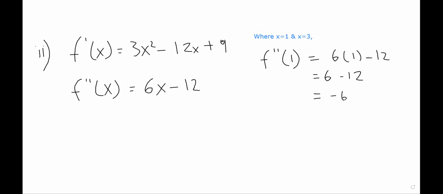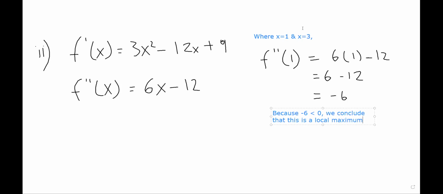So because negative 6 is less than 0, we conclude that this is a local maximum, right?